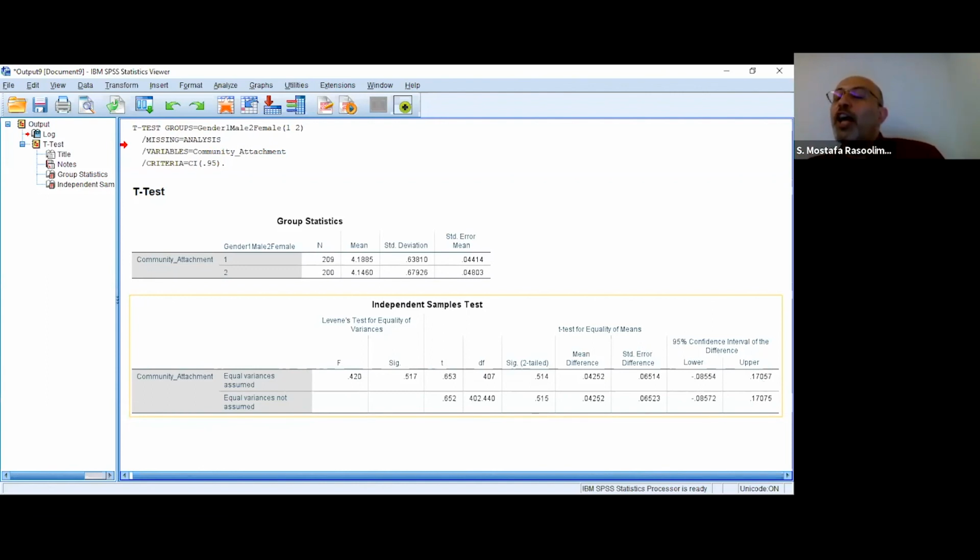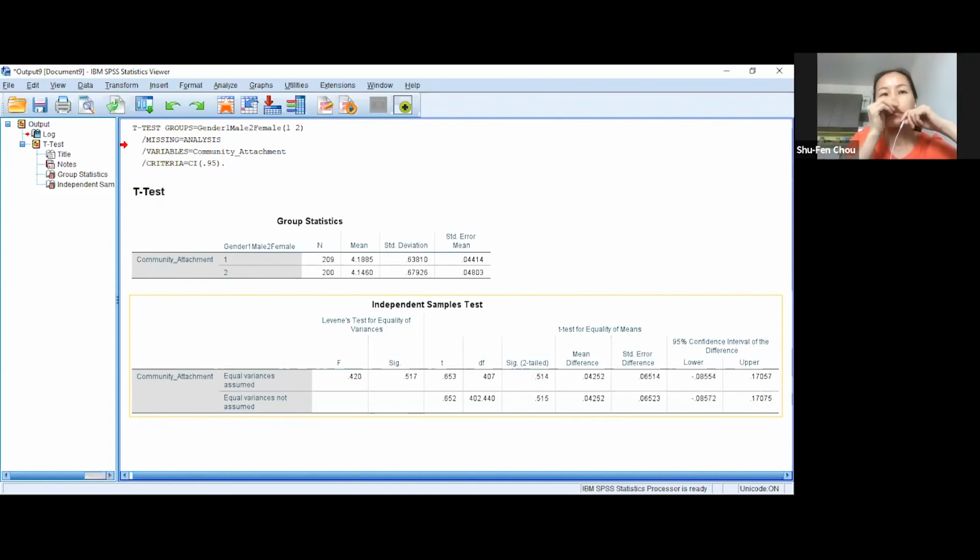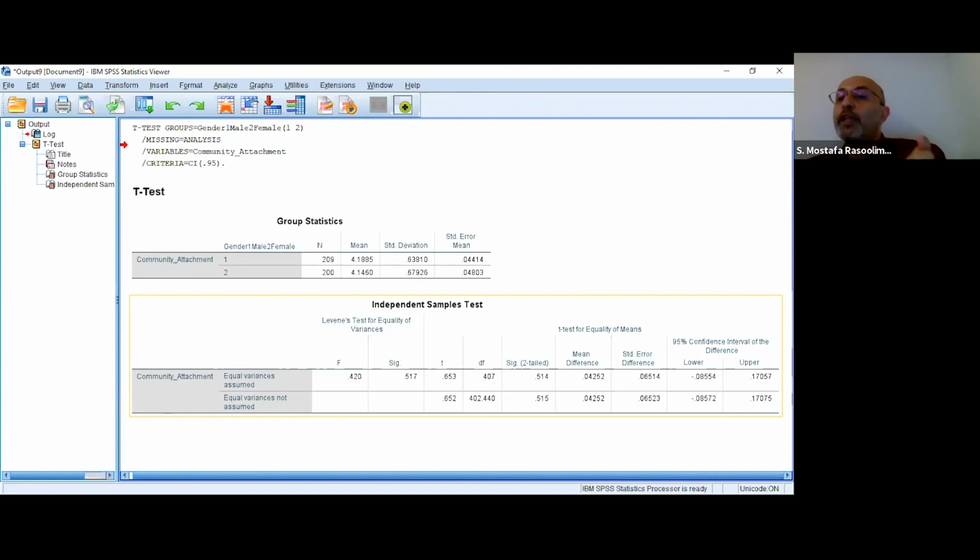So based on the confidence interval, we can also confirm that these hypotheses cannot be supported. And the result of this test is not significant for the difference between male and female. So there is not any significant difference between male and female for community attachment.